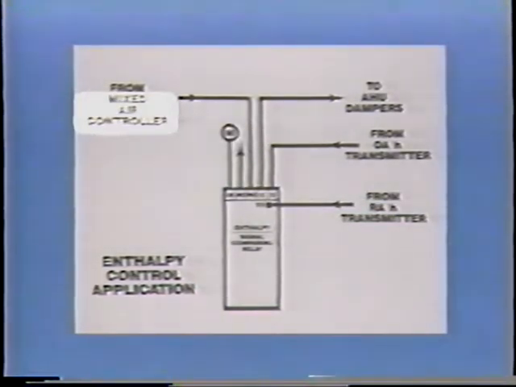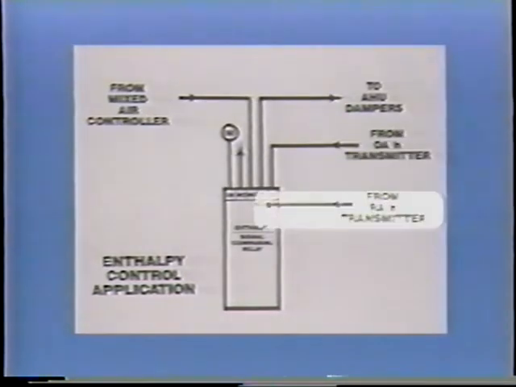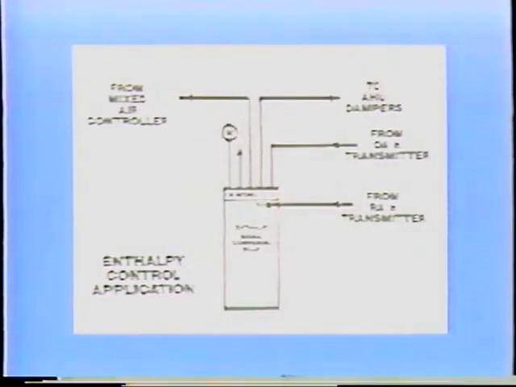The mixed air controller will then use outside air for free cooling. When the input signal at S is greater than the input signal at S2, the normally open port will be blocked. The common port is connected to the normally closed port, exhausting the air from the actuator, closing the outside air dampers, thus causing the system to recirculate return air.